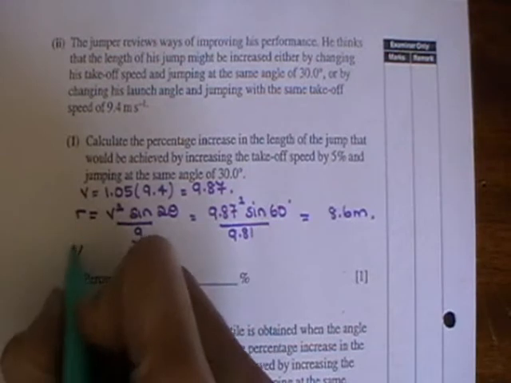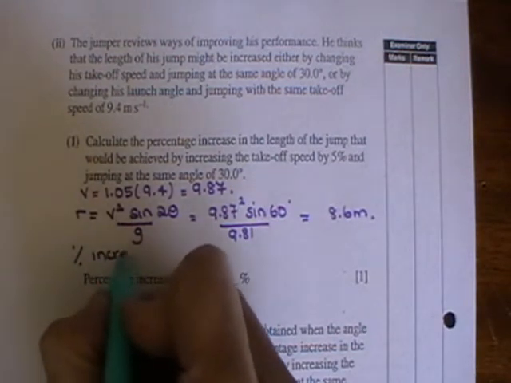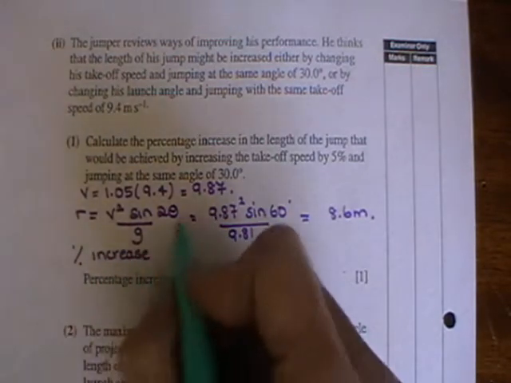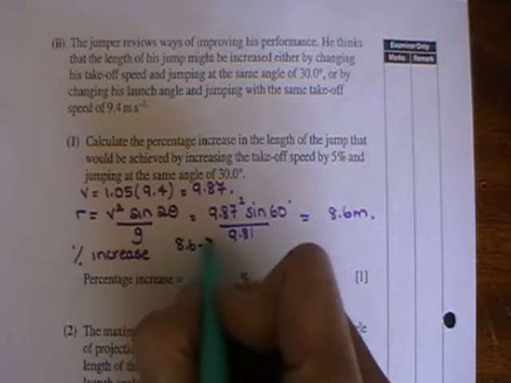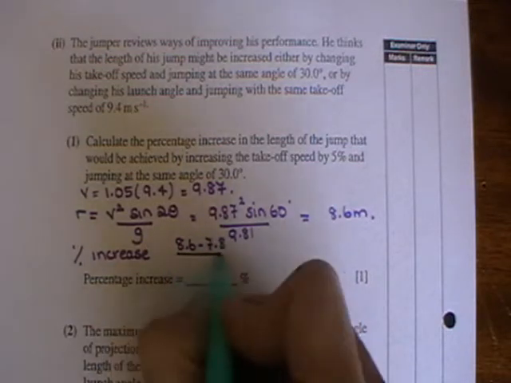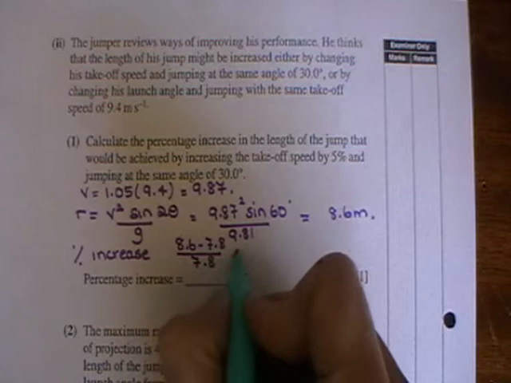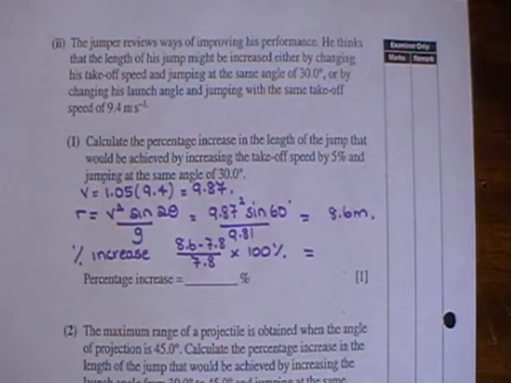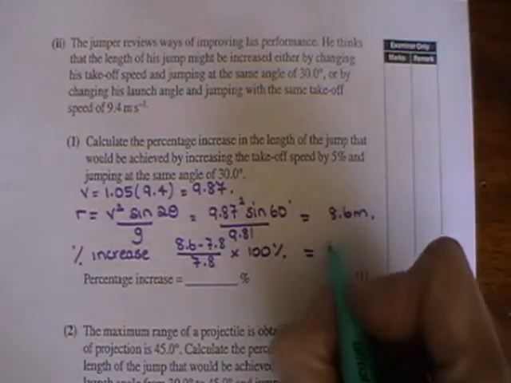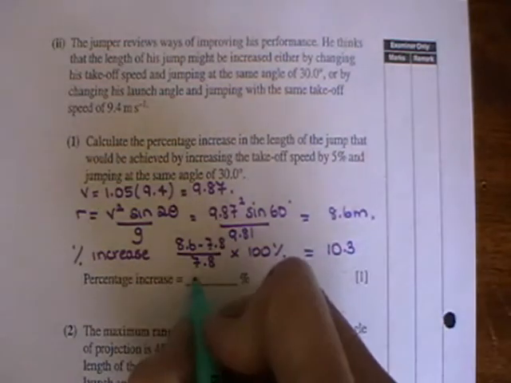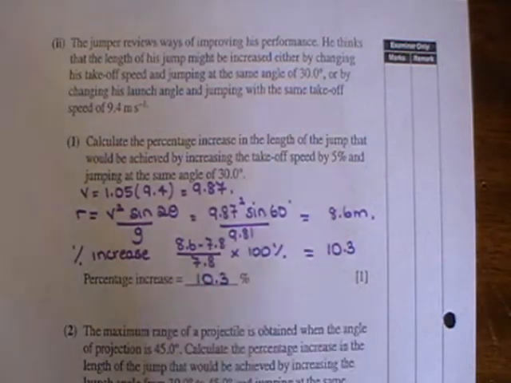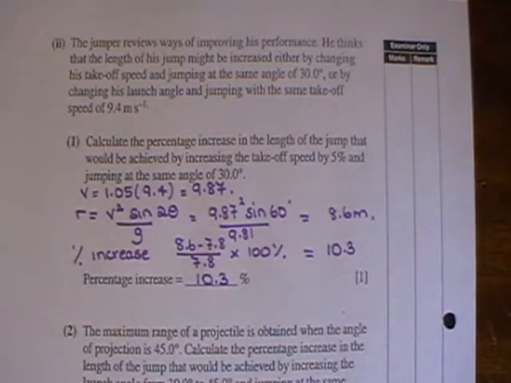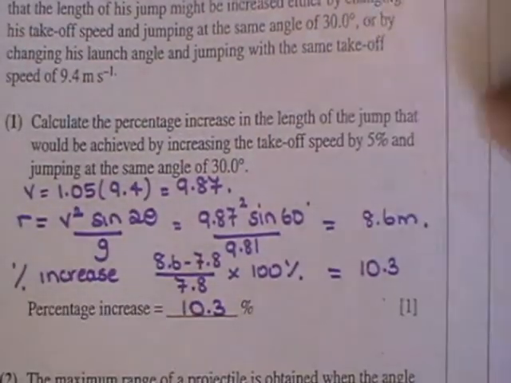And therefore the percentage increase is the difference between the new and the old, which is 7.8, divided by the old and multiplied by 100%. And that gives you an answer there of 10.3%.